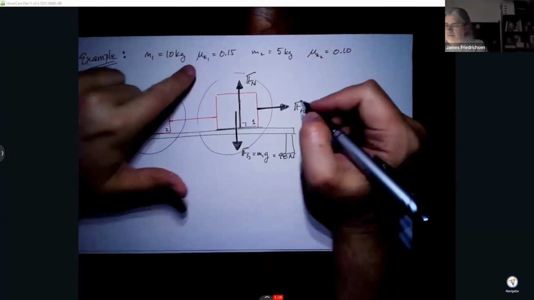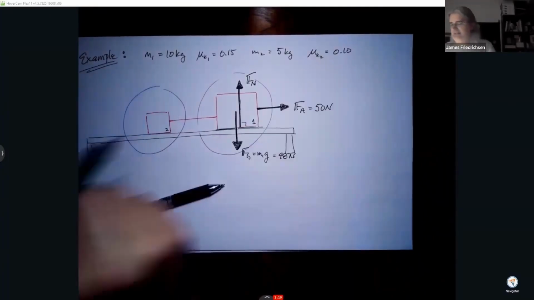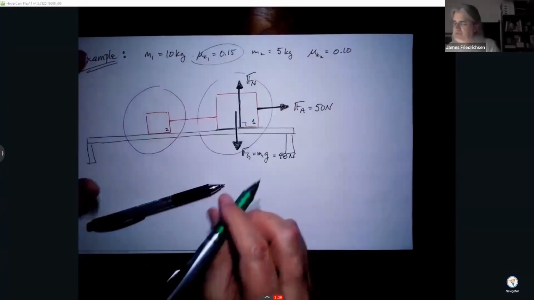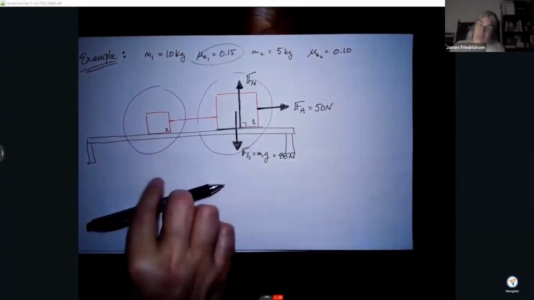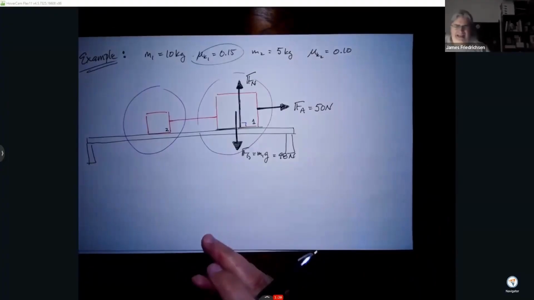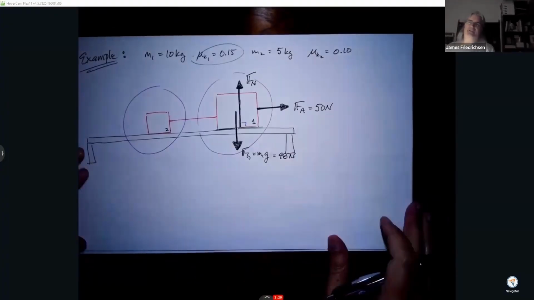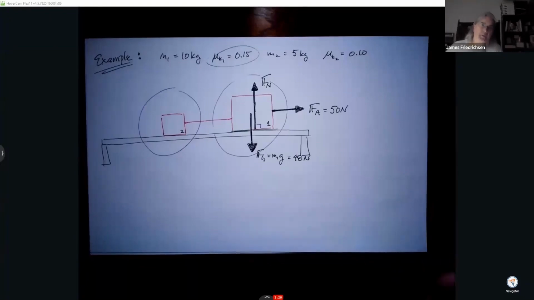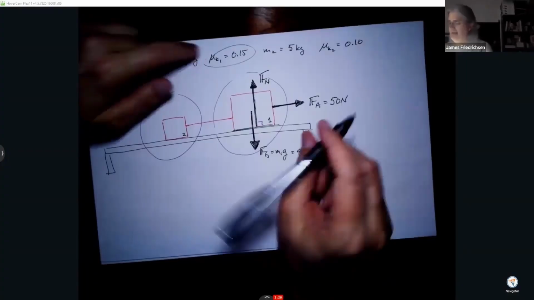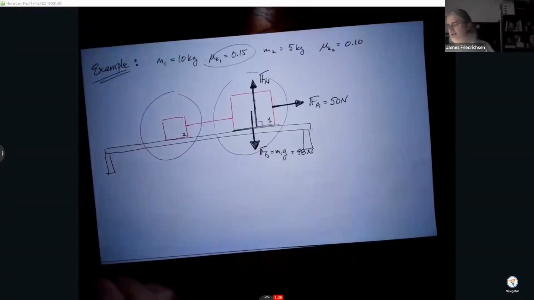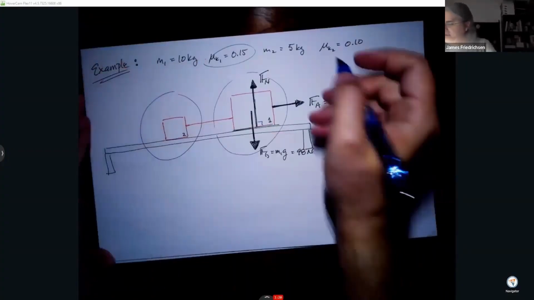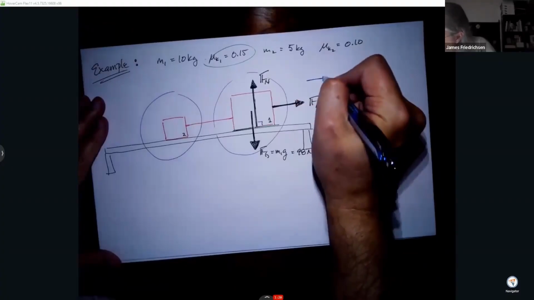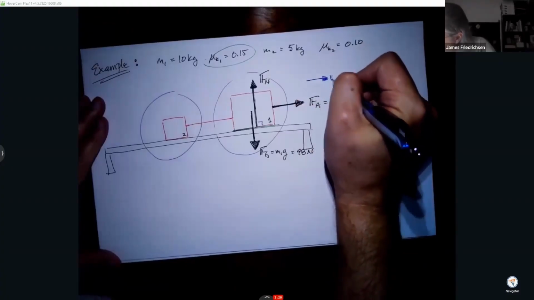And then we'll have friction. Now, the giveaway is that they gave us a coefficient of friction, so that explicitly tells us we will have friction. A lot of times they'll say the surface is smooth or something like that, or they'll put it on ice so that there is no friction. But this one, they gave us a coefficient, so we definitely have it. Once the train of boxes moves, it's going to head to the right.